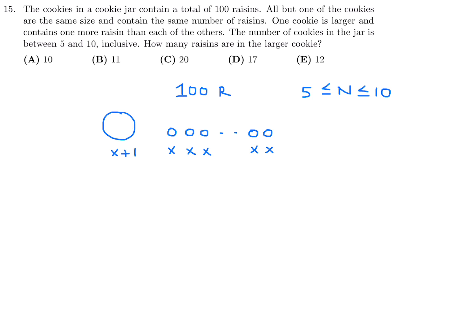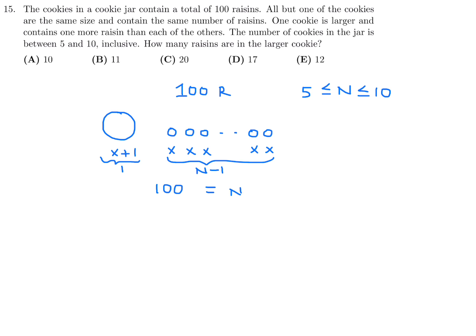Now we've got to figure out a formula that includes that total. Well, the total is 100. How do we get that total? There's n cookies in total. So if there's n cookies in total, this is n minus 1 cookies, and this is 1 cookie, obviously, because there's n in total.